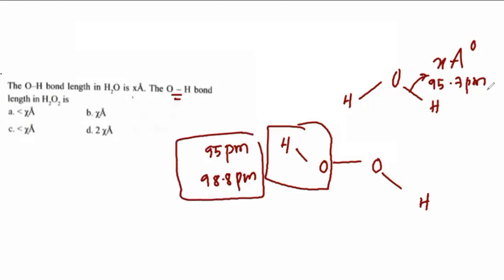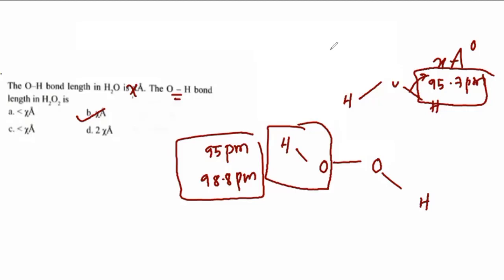So nearly these values are same. Okay. So if similar bonds are present in different molecules, the bond lengths are nearly same. So we can represent it as chi Armstrong. This will also be chi Armstrong. If the very same kind of bond, for example OH bond, is present in two different types of molecule, their bond length is nearly same.